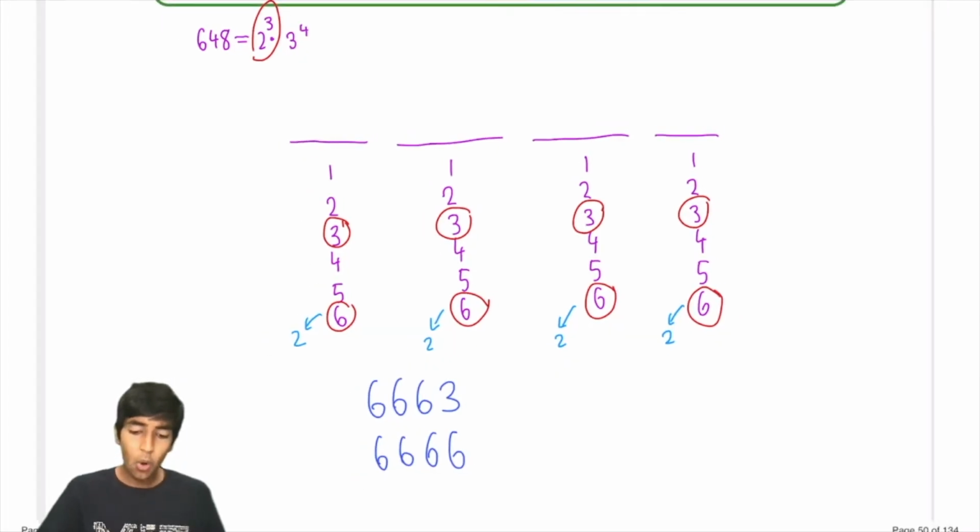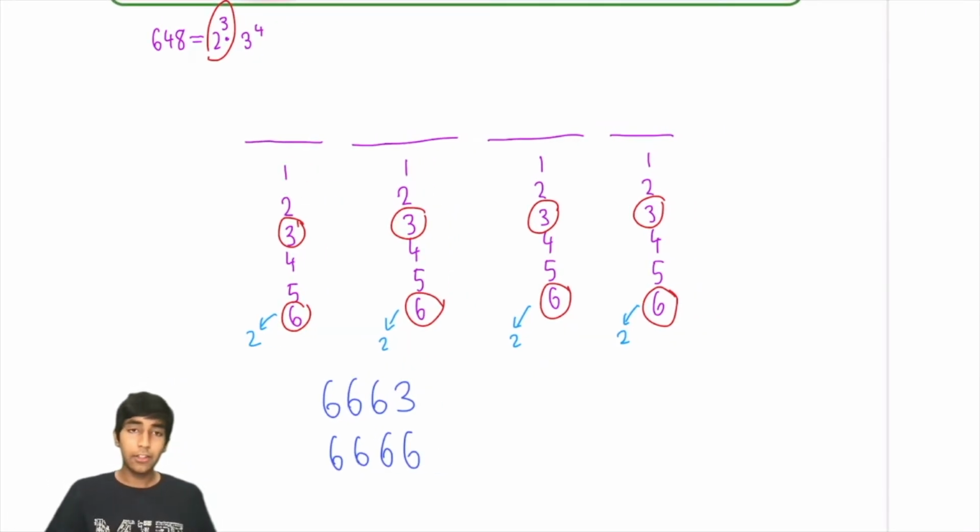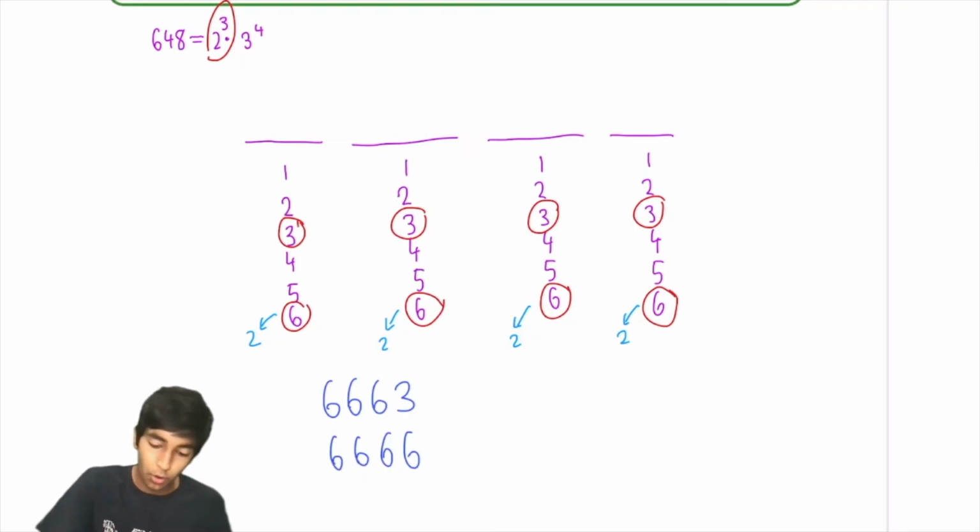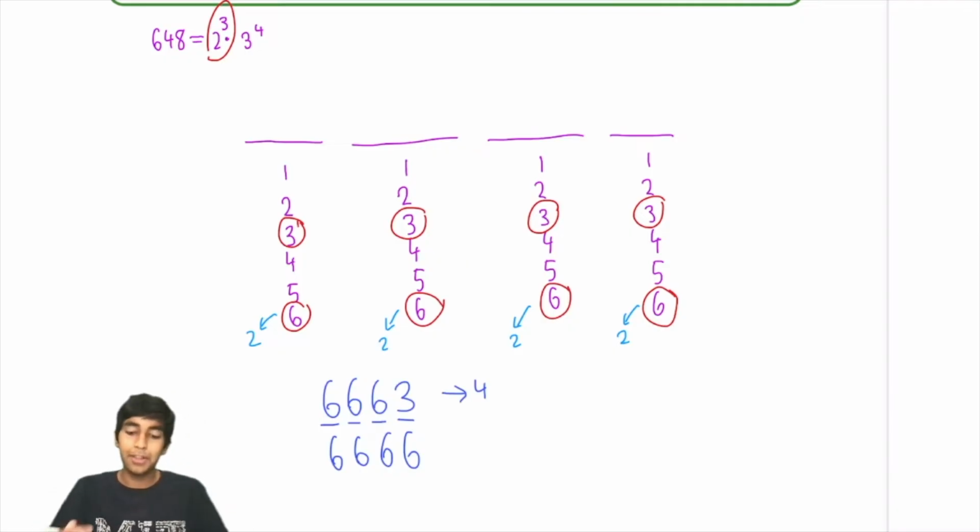Okay, so now we're looking for probability. So let's find successful outcomes divided by total outcomes. Successful outcomes such that this multiple is true. How many ways are there to roll 3 6s and a 3? Well, there's just 4 ways. We've got 4 slots essentially, and one of them must be a 3.